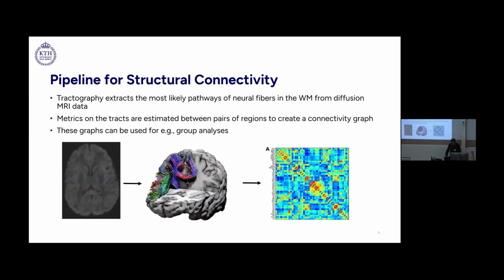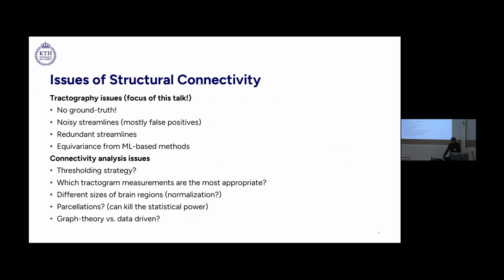Yeah, that's fine, but there are some issues, of course. There are issues at different levels. There are issues at the tractography level, which is actually the focus of this talk, which is that we are not sure that the tractograms we are getting with our methods are the correct ones, because we don't have ground truth to compare to, which is a big issue.